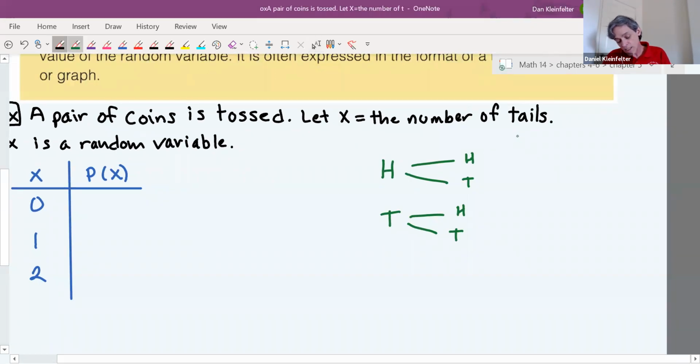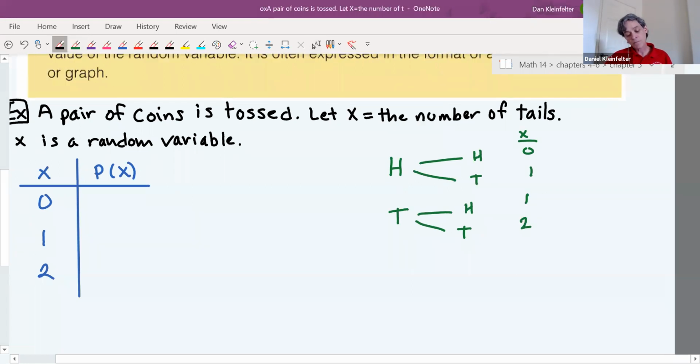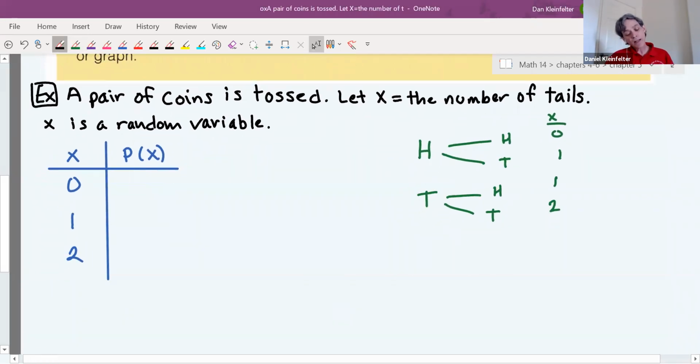So as far as the number of tails that we get, if it comes out heads and heads, we would get no tails. If it's heads and tails, we'd get 1. If it's tails then heads, we would get 1. And if it's tails then tails, we'd get 2. Okay, so then there's 4 possible outcomes.